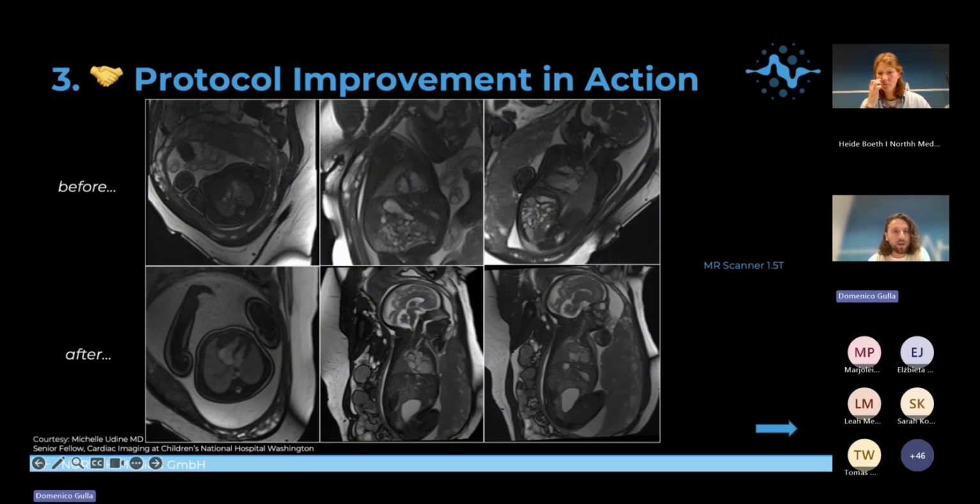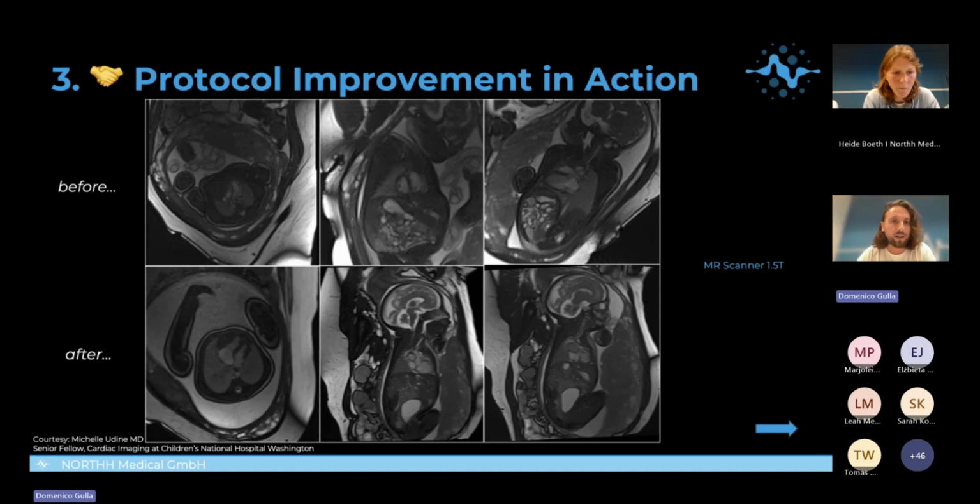So here now, in the last part of my presentation, I want to show how we also improved the protocols. Here are some images from Michel Udine from Children's National Hospital of Washington, and we work very closely and support Michel remotely. In this case, on the upper part, you see how the protocols and images looked before.